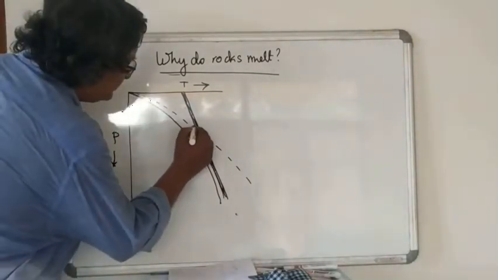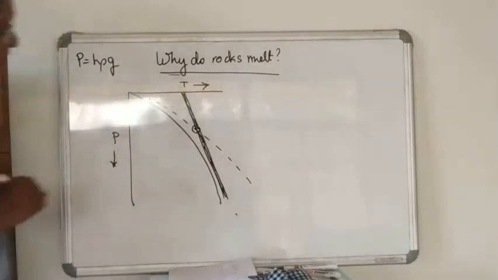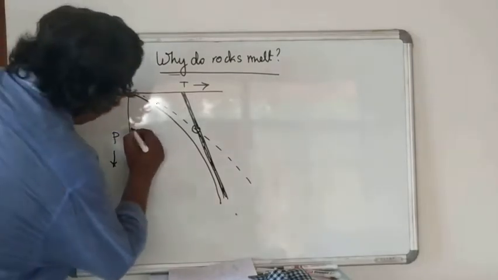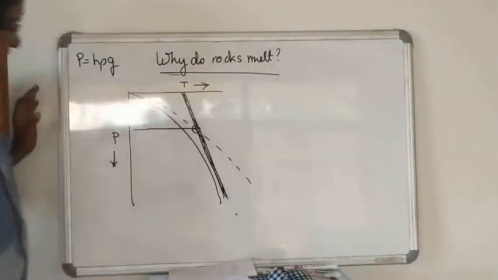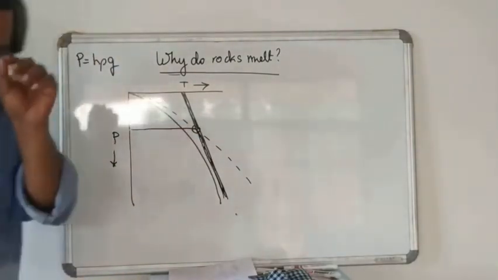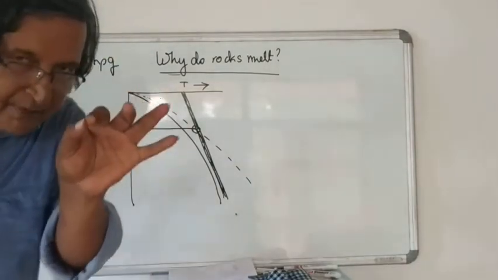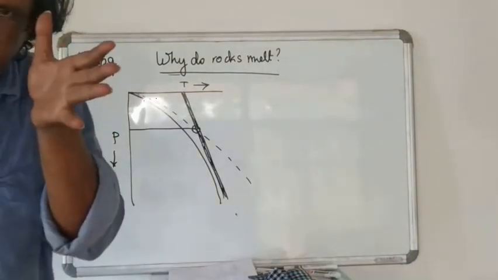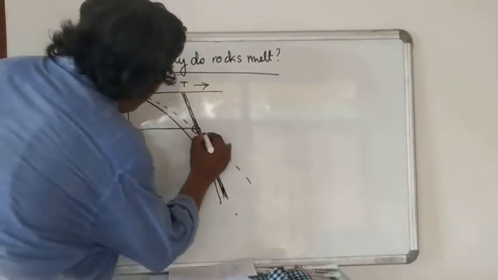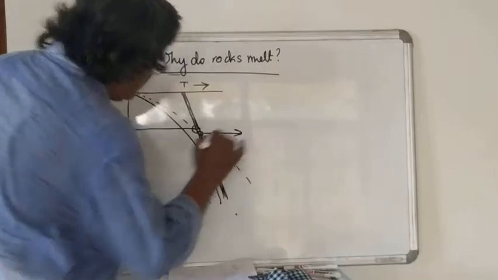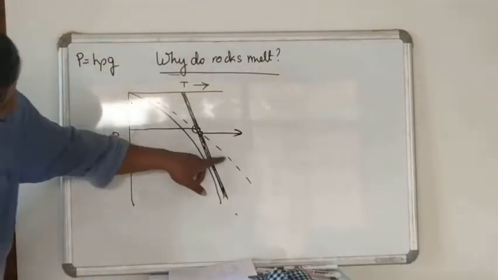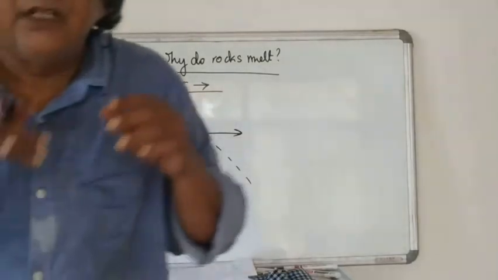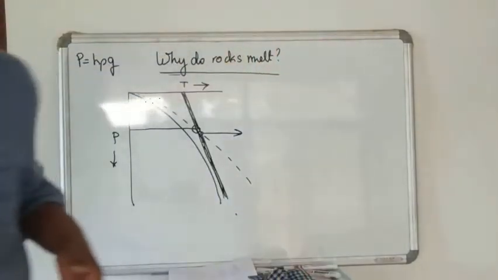Till this point, the temperature of the earth till this depth is lower than the melting temperature of the rock. So the rock will be solid. Below this, you can see, the geotherm lies in the melt field. So if this happens, then the rock will melt.